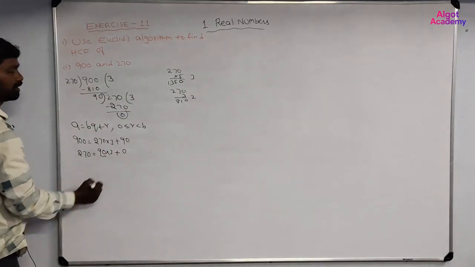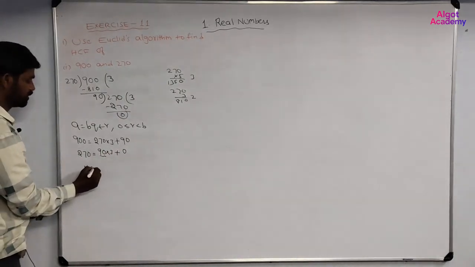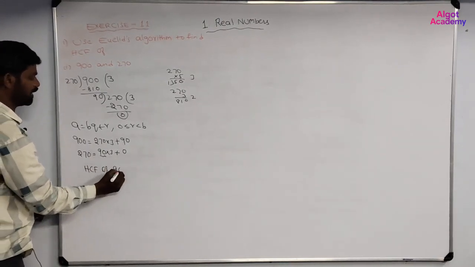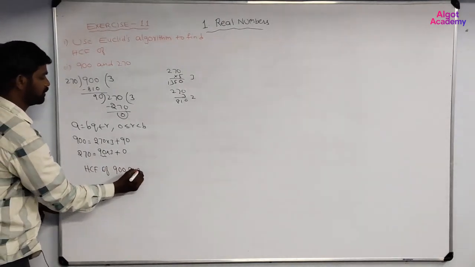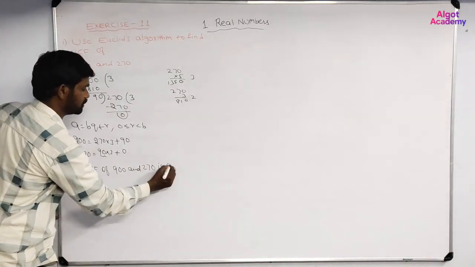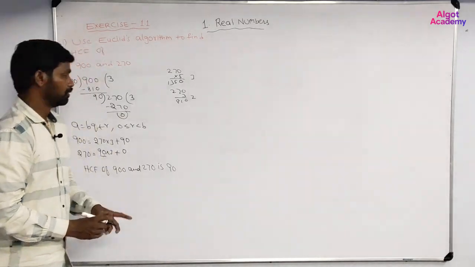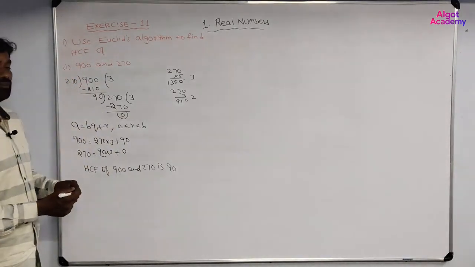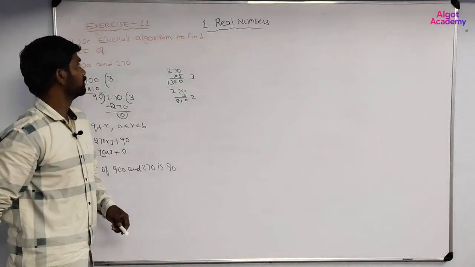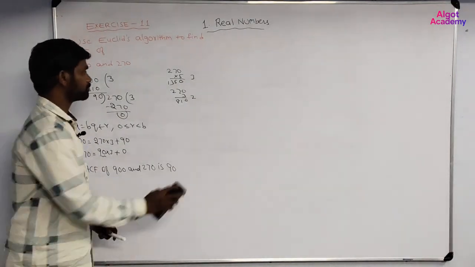So this is the HCF. HCF of the numbers 900 and 270 is 90. This is the way of finding HCF by using Euclid's division algorithm.